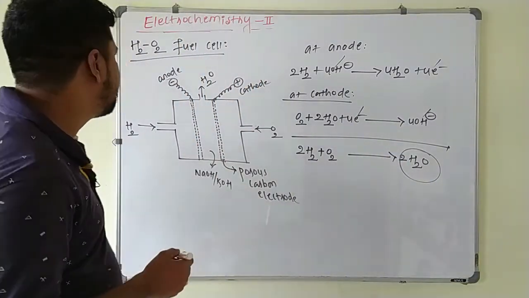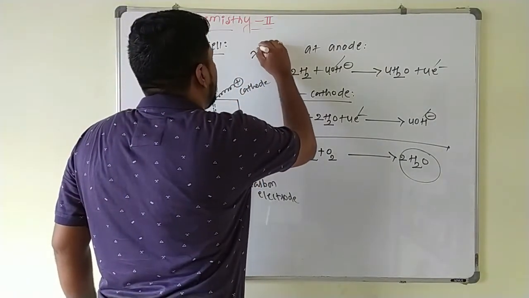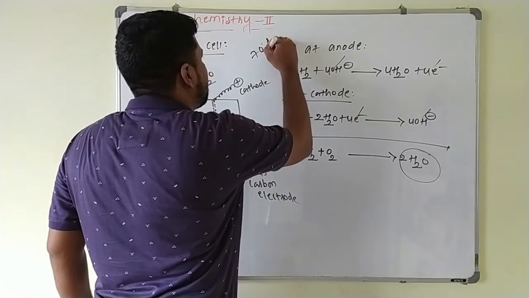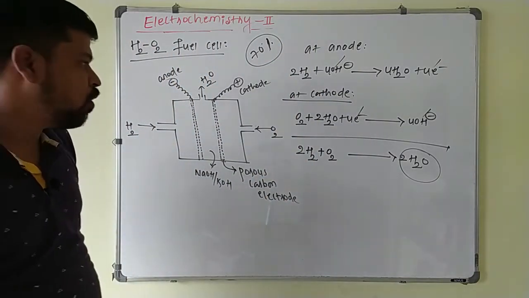What is the efficiency of this H2O2 fuel cell? It produces electric current with an efficiency of 70%, but thermal plants have an efficiency of only up to 40%.